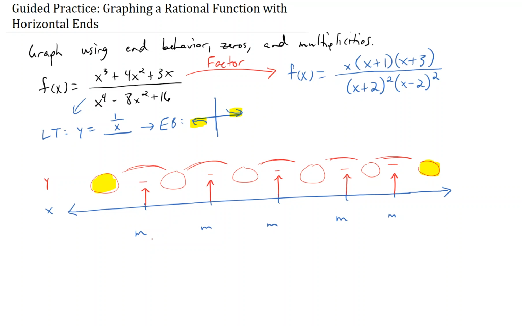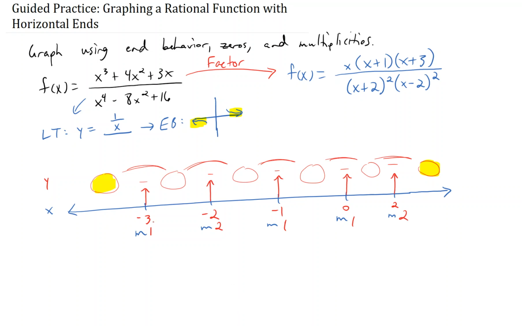Okay, so our zeros are -3, -2, -1, 0, and 2. The multiplicities are 1, 2, 1, 1, and 2.